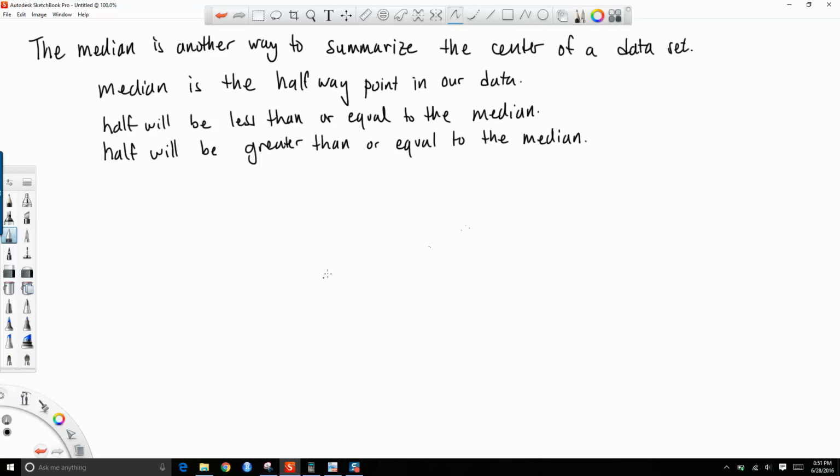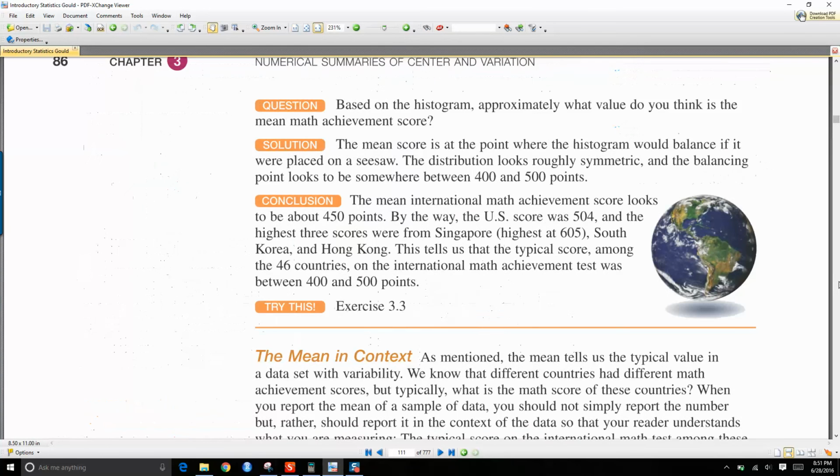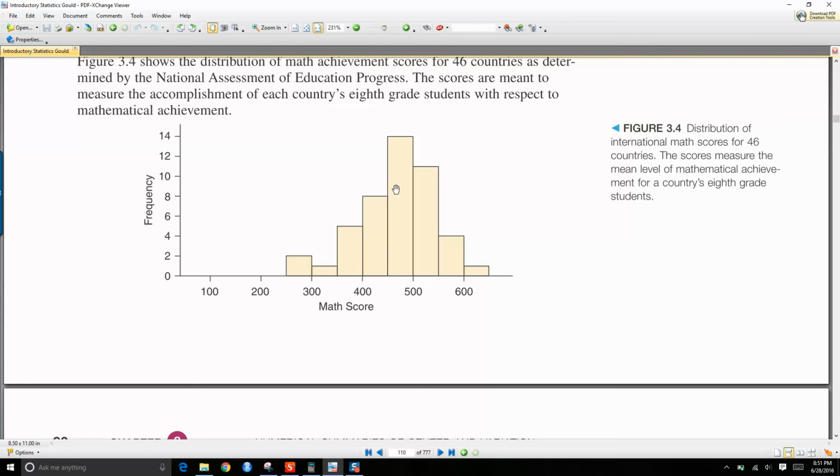Another way to think about the median is, if you had some kind of histogram, here's just another histogram.